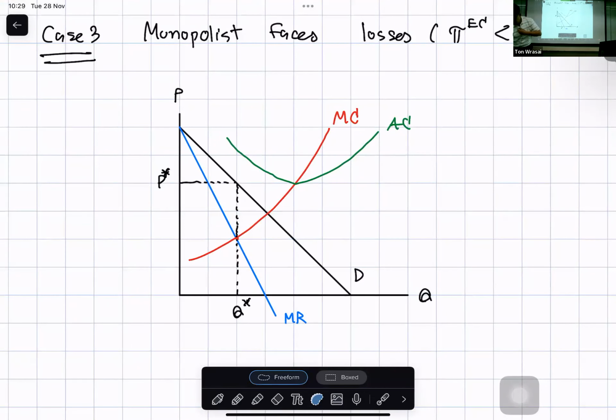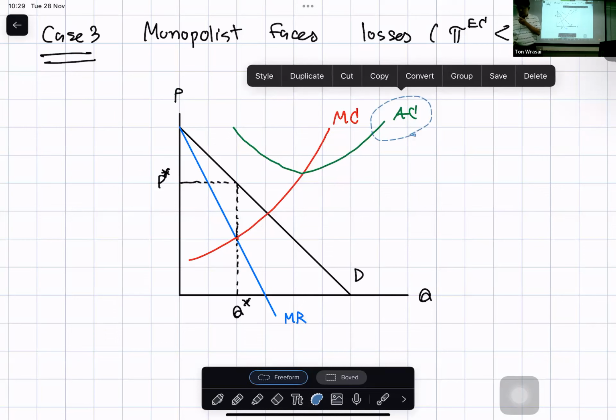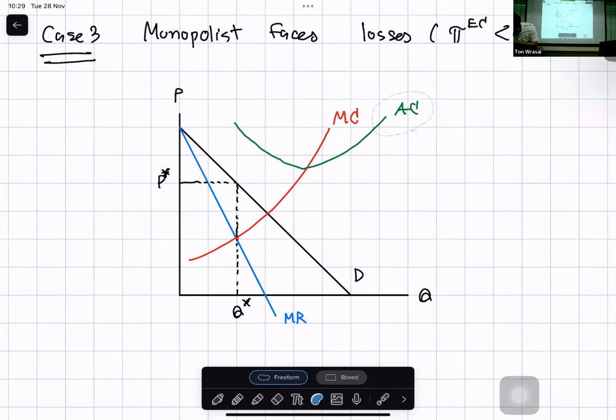Let's move our AC curve then. Loss, right? We have to move up, sorry, not move down. Maybe not enough loss, and here then.